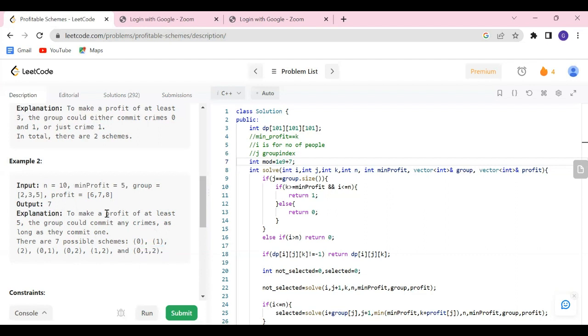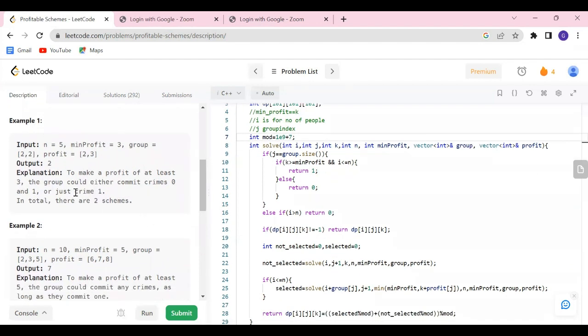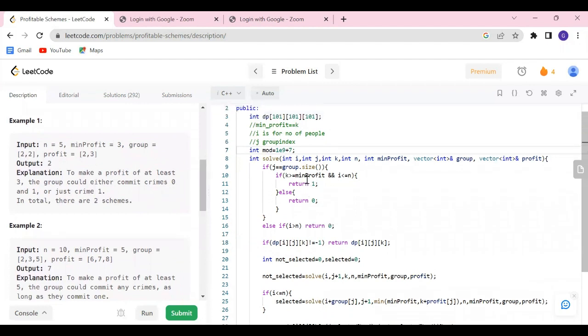So let's see the logic. Here it's quite related to the 0/1 knapsack problem, because for every group or for every profit we have two possibilities: whether to take or not to take.